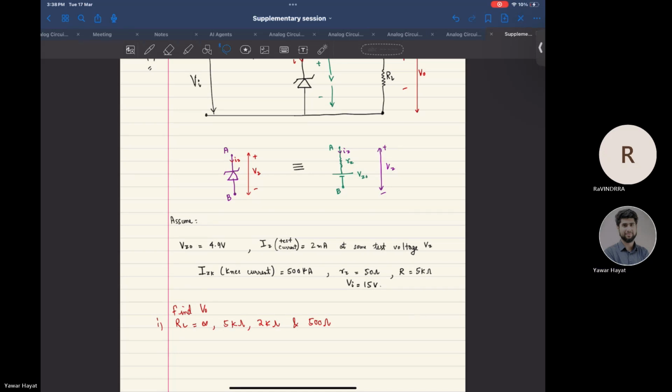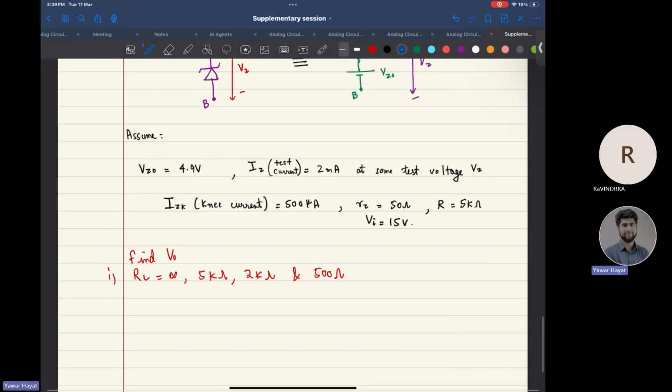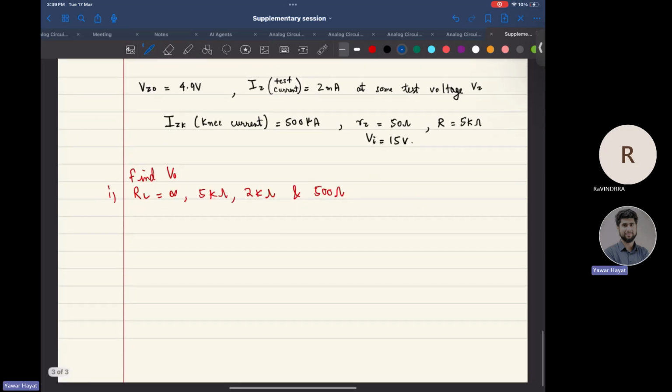So how much is V naught? We can in fact replace the given circuit by the equivalent circuit first in order to find the value of V naught.